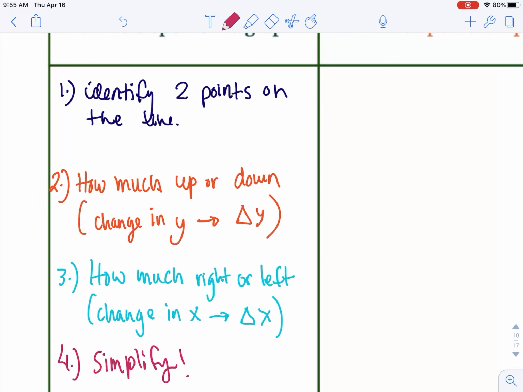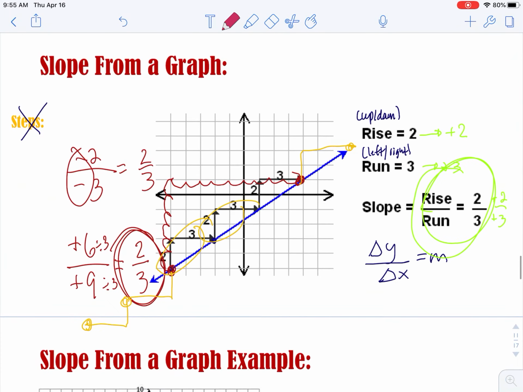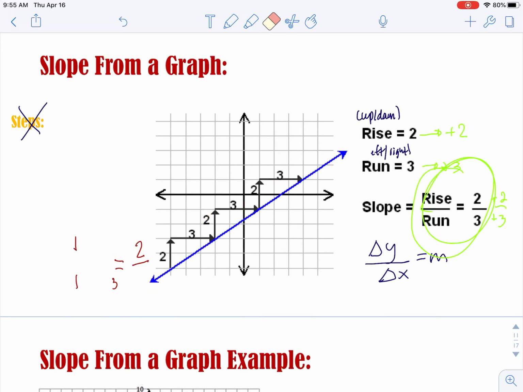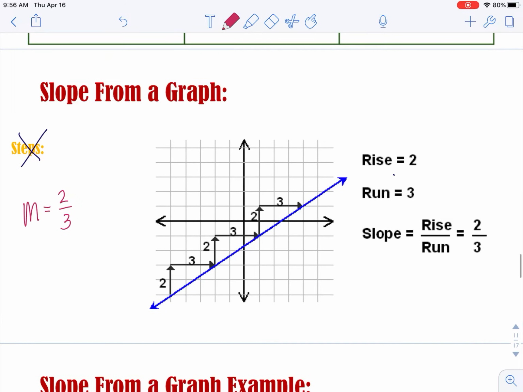Okay, so let's look at another thing. Here, my slope, let me erase all of this stuff over here. Here we look, and our slope is 2/3. We said m equals 2/3. We can check and see this line is an increasing line. It's going up. So we know that this means I have to have a positive slope.